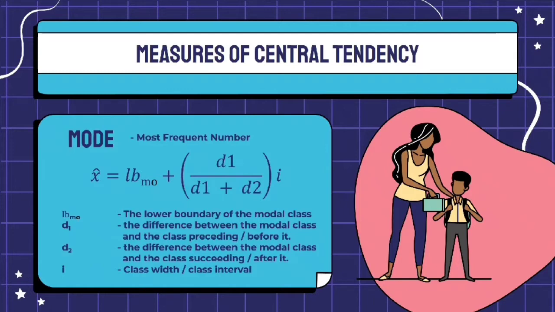To calculate the mode of group data, we will be using the formula mode is equal to LBMO plus the quantity of d1 all over d1 plus d2 multiplied by i, where LBMO stands for the lower boundary of the modal class, d1 stands for the difference between the modal class and the class preceding or before it, d2 stands for the difference between the modal class and the class succeeding or after it, and i stands for class width or class interval.